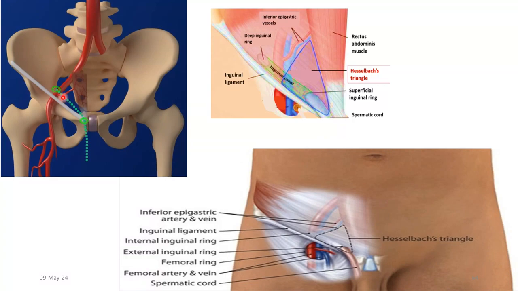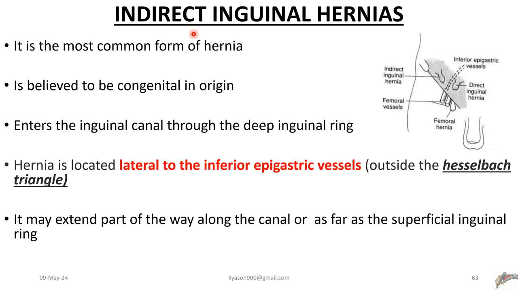So that's the path going to be taken by the coils of the intestines: through the deep inguinal ring, through the canal, through the superficial inguinal ring, through the patent upper portion of the processus vaginalis, down into the scrotum in men, or the labia majora in women. So that is the indirect inguinal hernia.